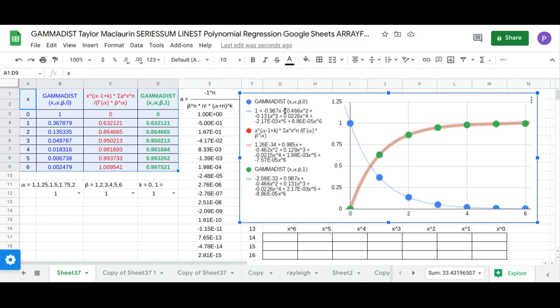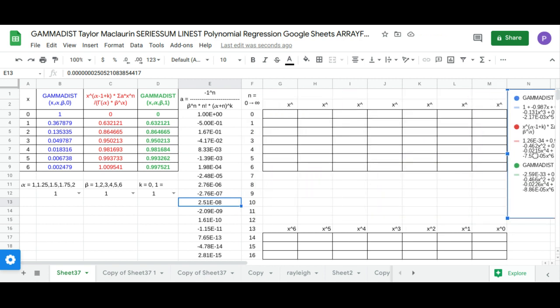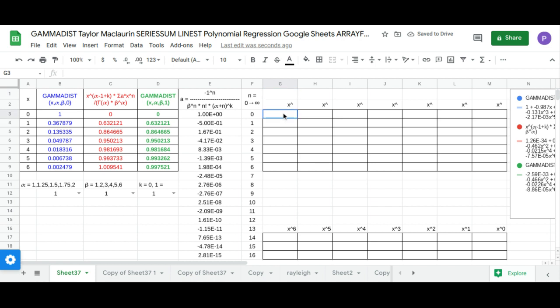Next, we'll calculate this polynomial regression coefficient using LINEST. To do that, we complete the 1, x matrix, starting with the power. This is the LINEST matrix or 1, x matrix. We'll start with the power, which is transpose 0 to 6. And the elements of the LINEST matrix.